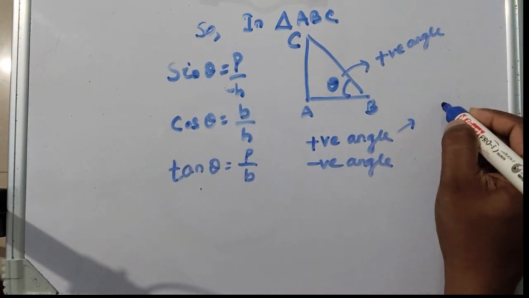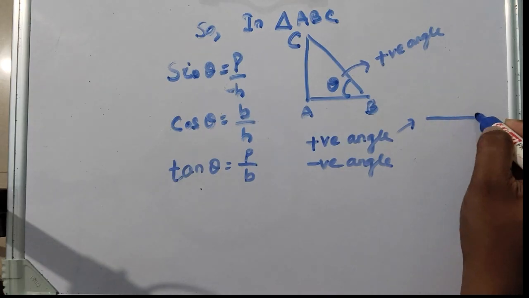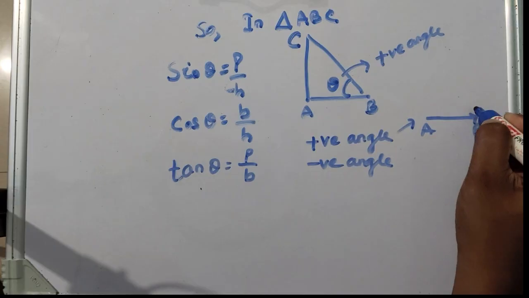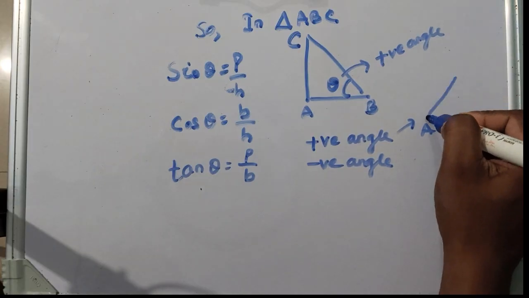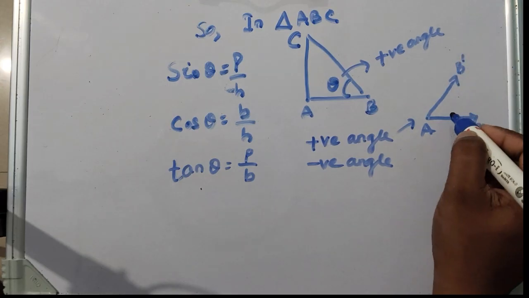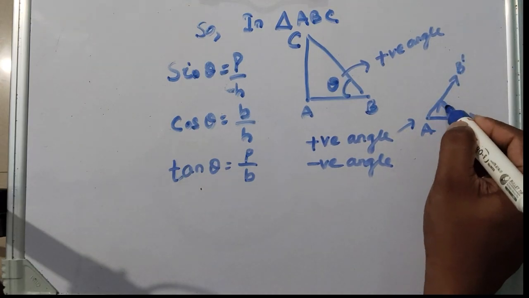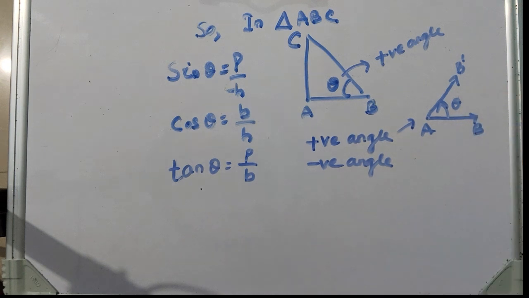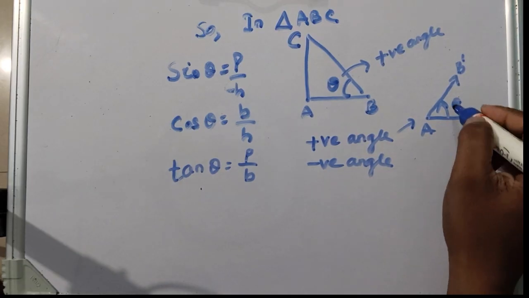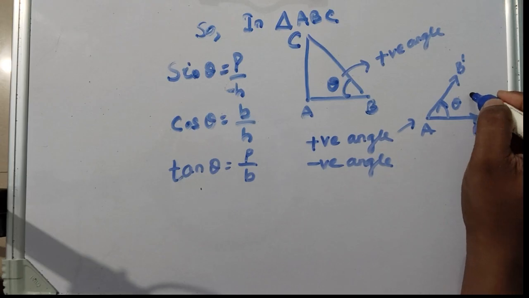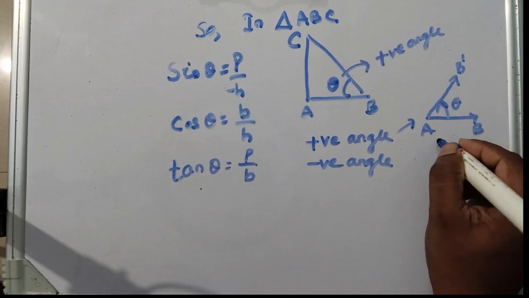Suppose this is a ray AB and B is moved to a new position, let's say B dash. It is rotated by an angle theta in a positive direction, that is, in an anti-clockwise direction.